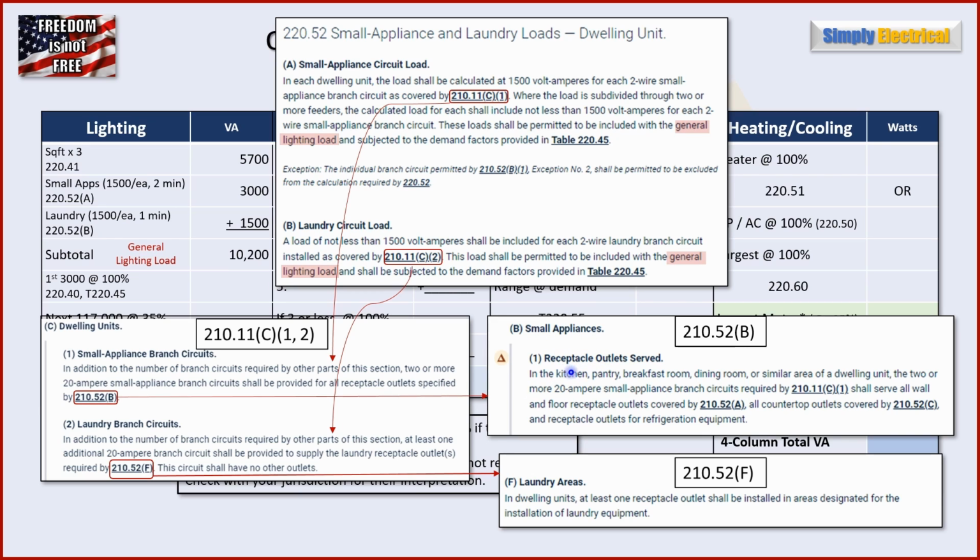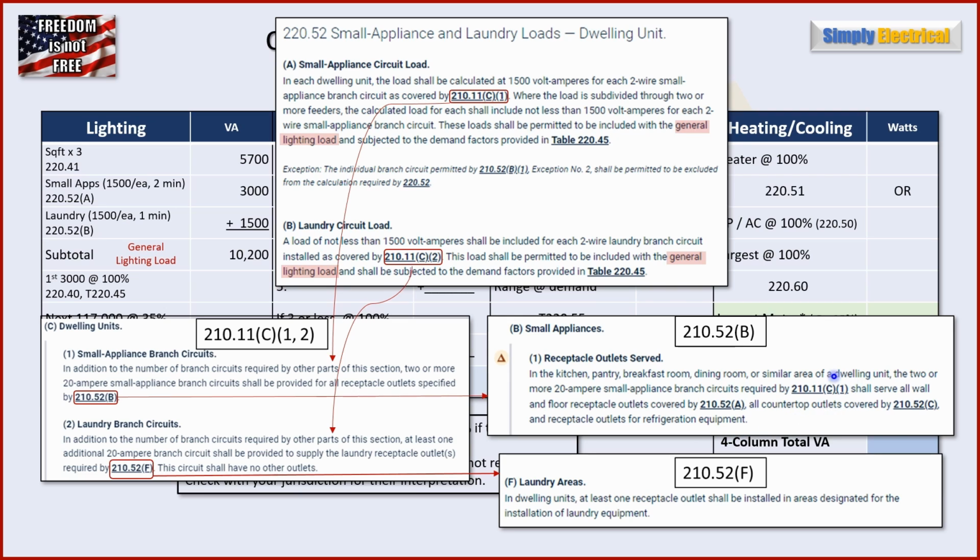210.52(B), small appliances, receptacle outlets served. So this is telling us which receptacles it's talking about. In the kitchen, pantry, breakfast room, dining room, or similar area of a dwelling unit, the 2 or more 20 amp small appliance branch circuits required by 210.11(C)(1), right there, shall serve all wall and floor receptacle outlets covered by 210.52(A), right there, all countertop outlets covered by 210.52(C), which is all that is, talking about the countertop outlets in a kitchen, and receptacle outlets for refrigeration equipment, like the fridge, freezer, things like that.